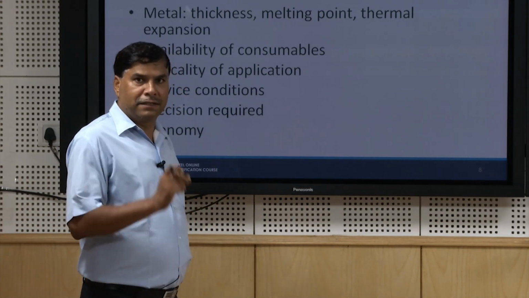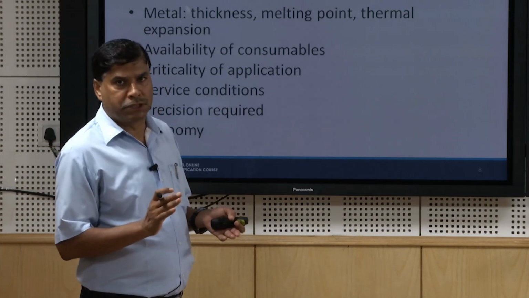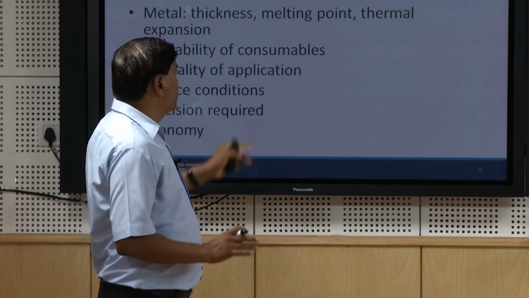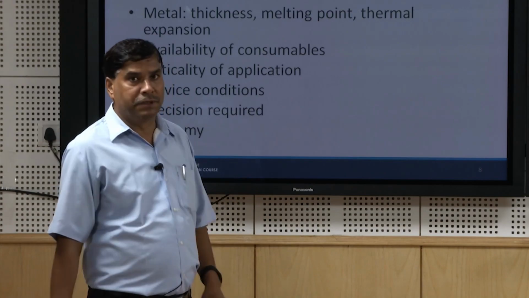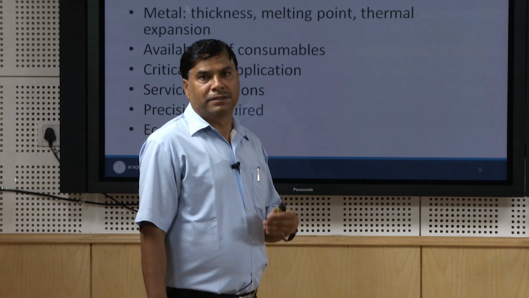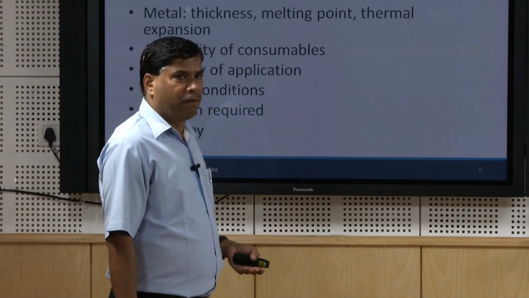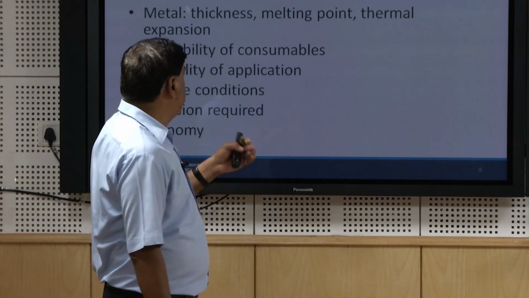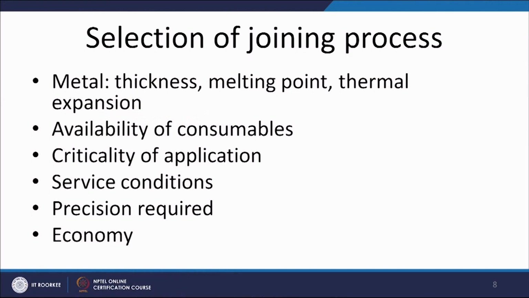Under this category it is basically the section thickness, and the material properties, especially the melting point and thermal expansion coefficient. High melting point material requires a different approach for joining as compared to low melting point material. Similarly, high expansion coefficient metals offer more problems related to expansion and contraction, especially in welding, in the form of residual stresses and distortion. So, we need to consider the section thickness, the melting point of the material and thermal expansion coefficient.